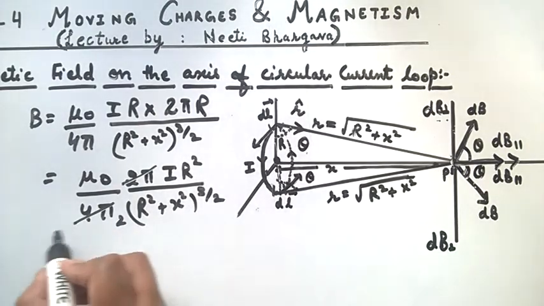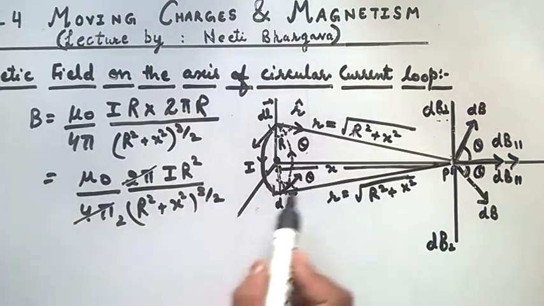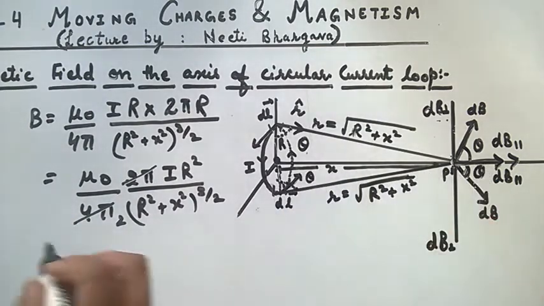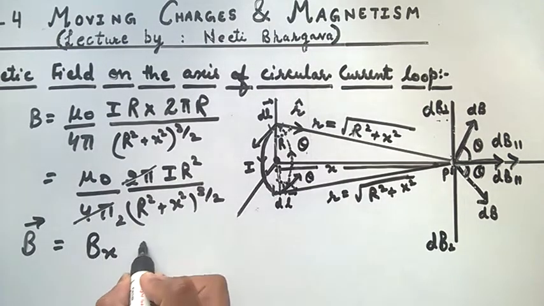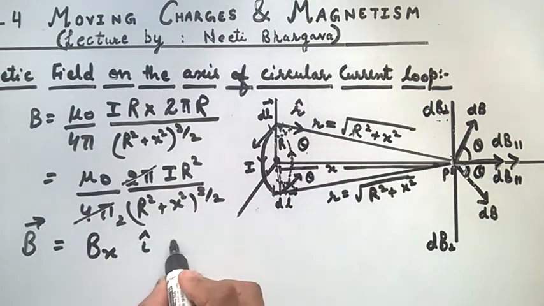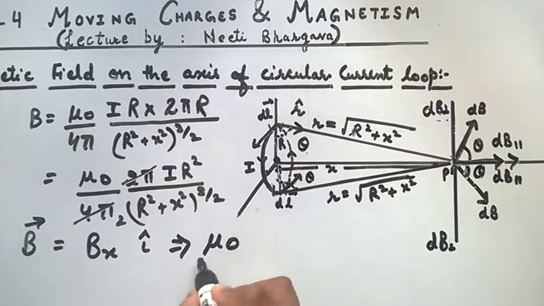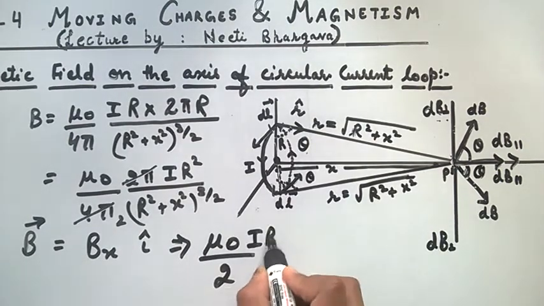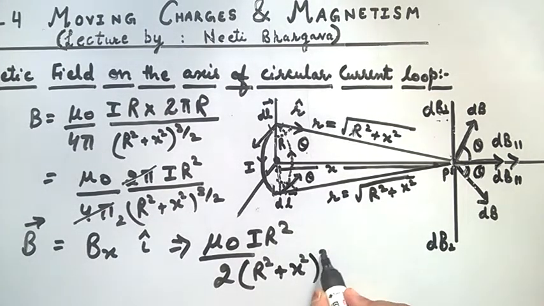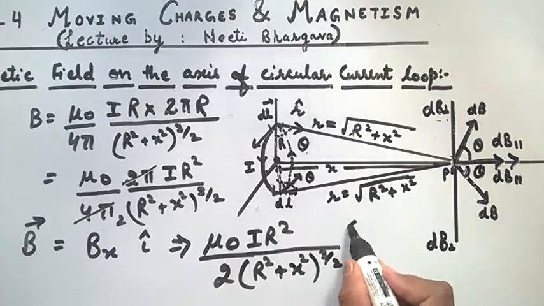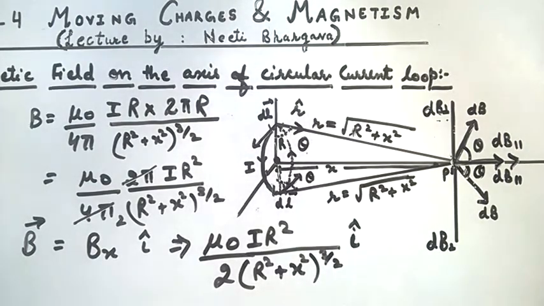The magnetic field is in the direction of x-axis. Therefore, in terms of vector, we will write Bx i cap, and here Bx i cap is equal to mu naught by 2, I R square by R square plus x square whole power 3 by 2. This is also the value, or we can write it in terms of some cases.